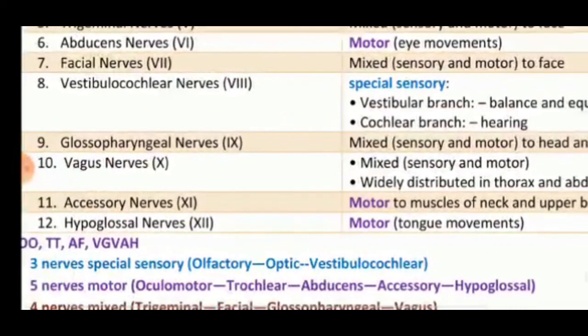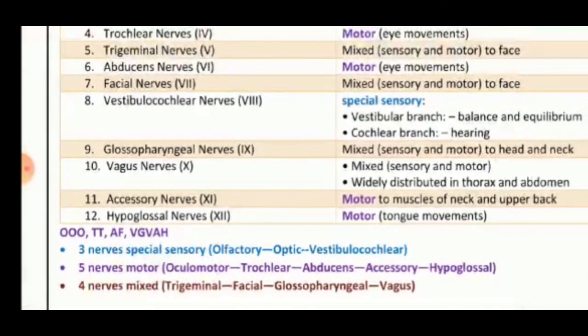Vagus nerve, please refer to the GIT. Vagus nerve is responsible for innervations inside the thorax and abdomen, and it's a mixed nerve. Accessory nerve is a motor neuron for the muscles of neck and upper back.